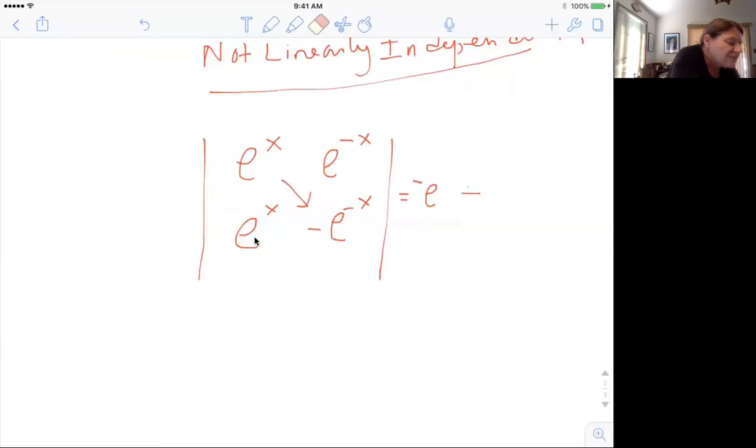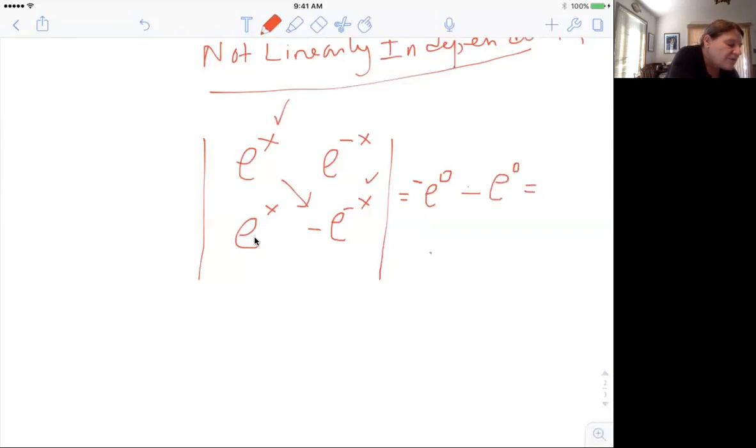What's e to the x times e to the minus x? What's going to happen with those two exponents right there? You're going to get e to the 0, and then minus going this way is minus that, going that way is minus e to the 0 there.